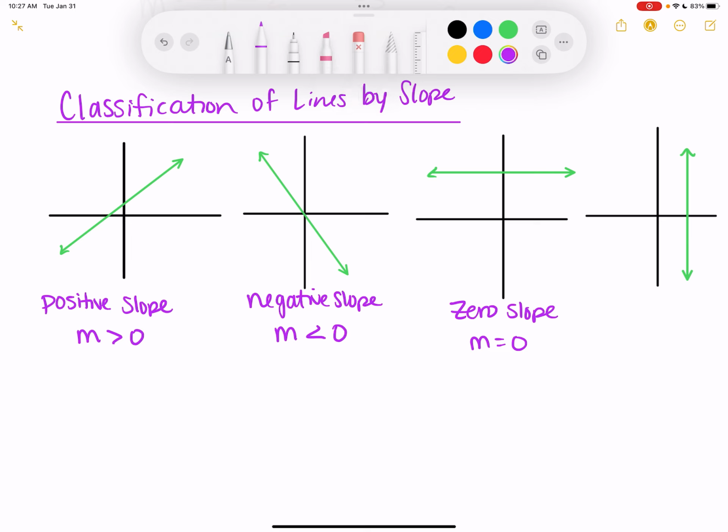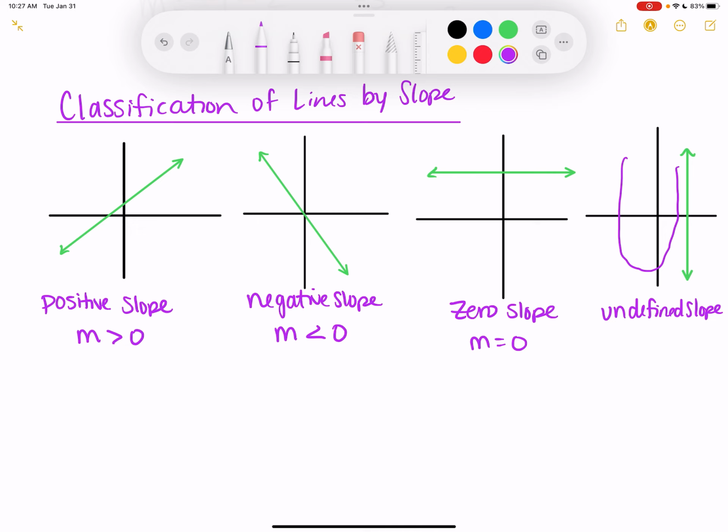This last one that goes up and down is called an undefined slope. So m doesn't exist. The way to remember that one is that the first thing you do when you're going to write the word undefined is you go down to make your u, so it's more up and down.